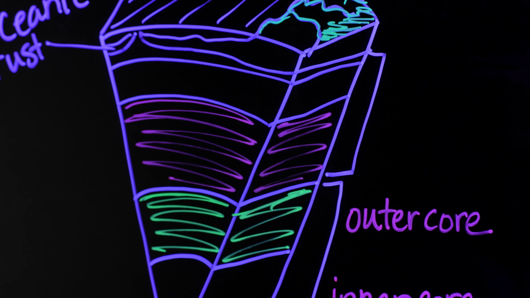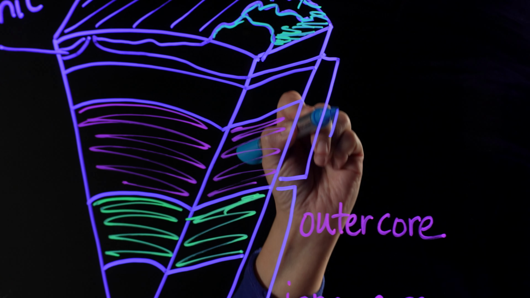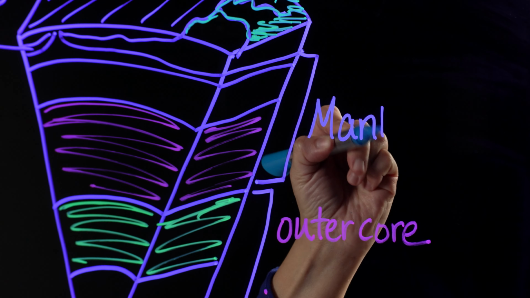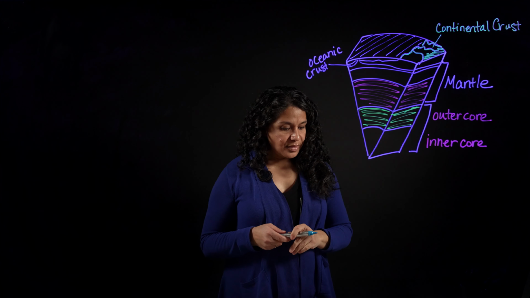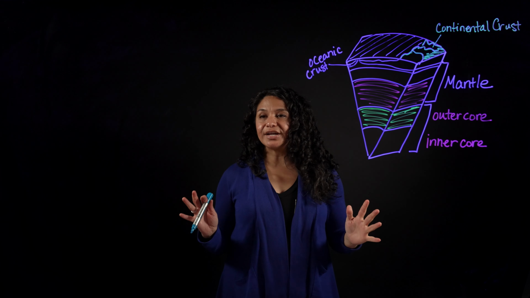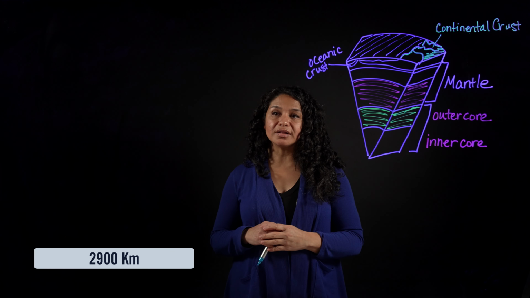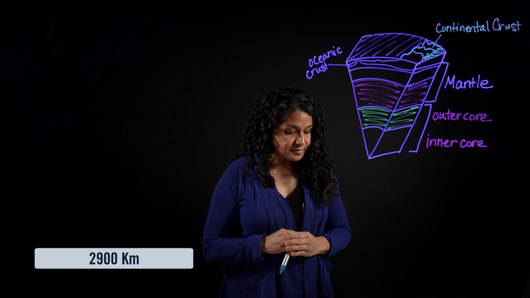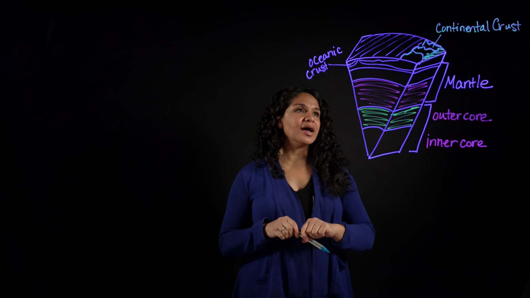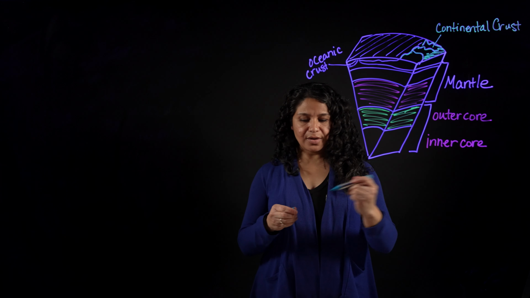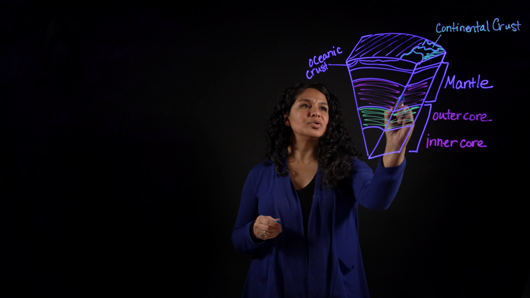So the next layer is the mantle. The mantle is the largest layer by volume. It extends to 2,900 kilometers under the crust, and it consists of molten rock. So that would be this layer right here, the molten rock.